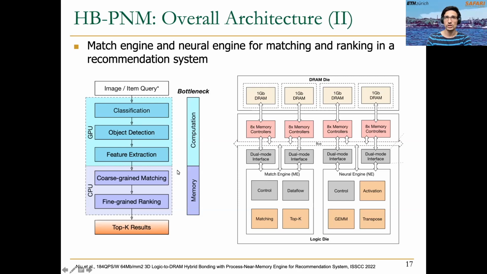But once we have these features, we go to the recommendation system itself that first of all performs something called coarse grain matching to select some candidates, and then ranks the more important, or the more representative candidates, in the second step called fine grain ranking. These two steps are mainly executed on the match engine, the coarse grain matching on the match engine of the HB-PNM architecture, and the fine grain ranking, or at least one important step of this fine grain ranking in the neural engine, as we will see.